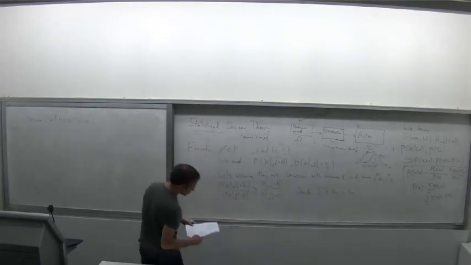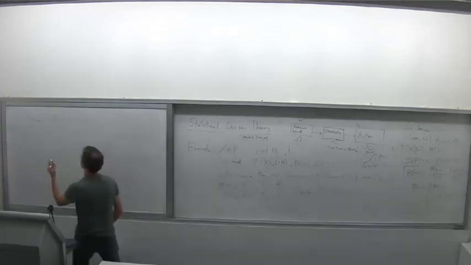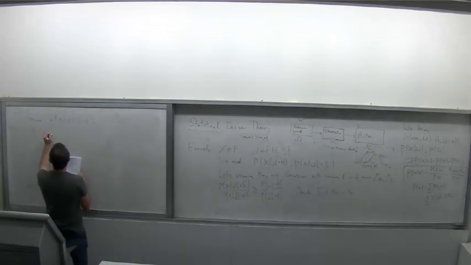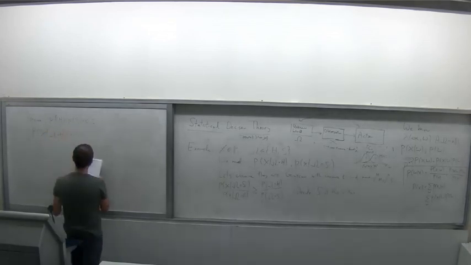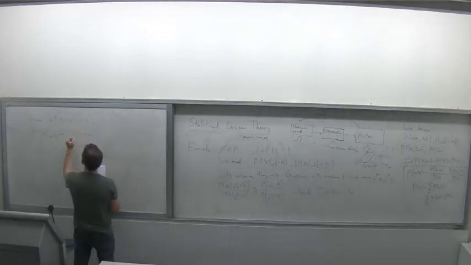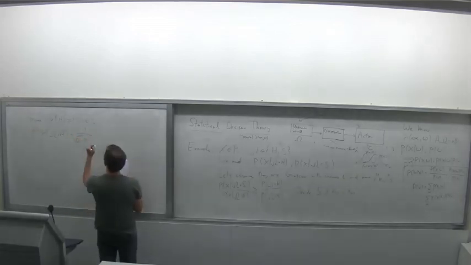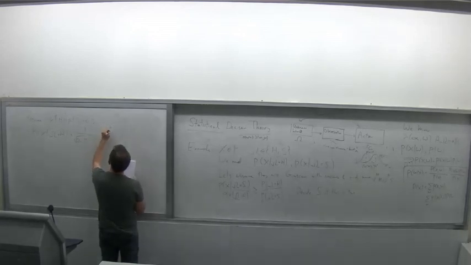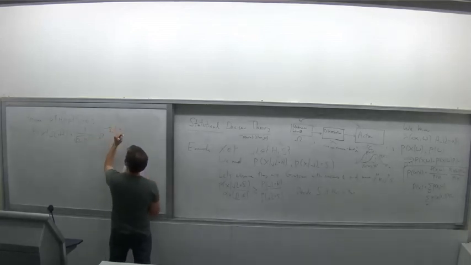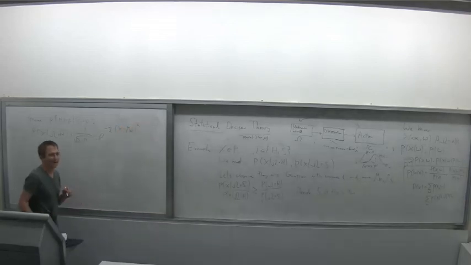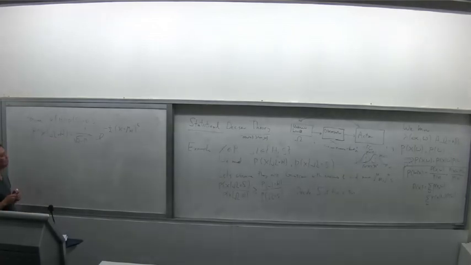Just recall that the Gaussian, so P of x given, say, omega equals h is, by the fact that it's Gaussian, 1 over square root 2 pi, and the variance is 1, so it's e to the minus half x minus mu h squared. That's not the probability, that's the density.